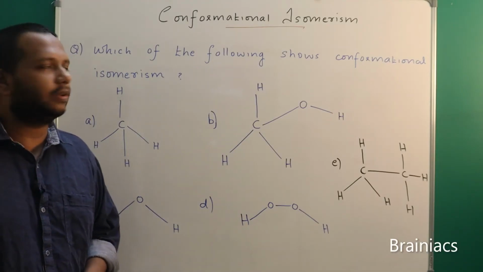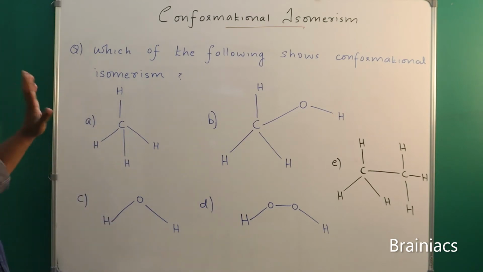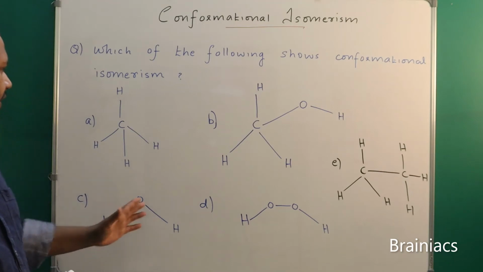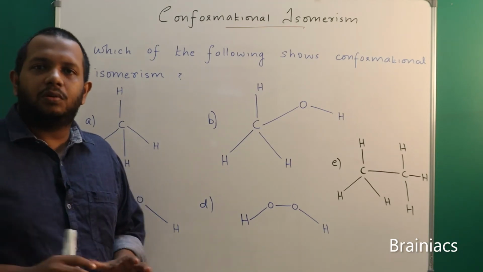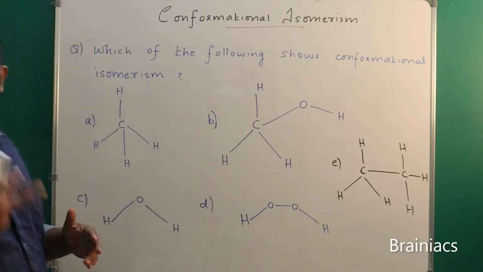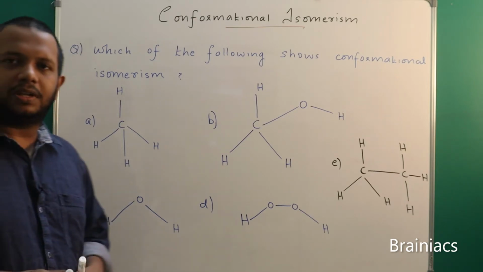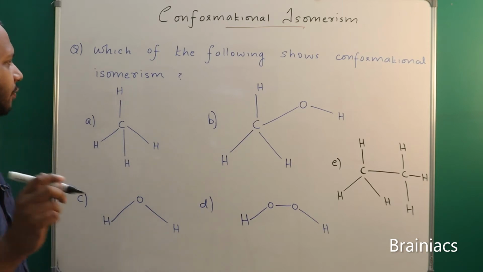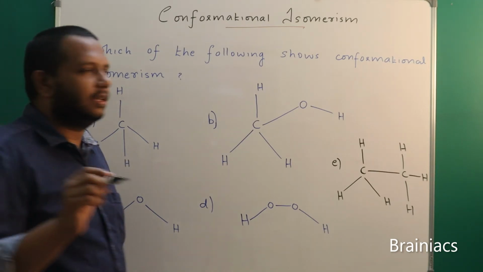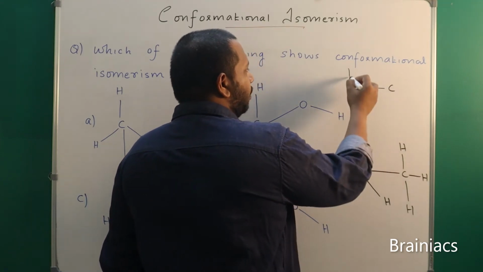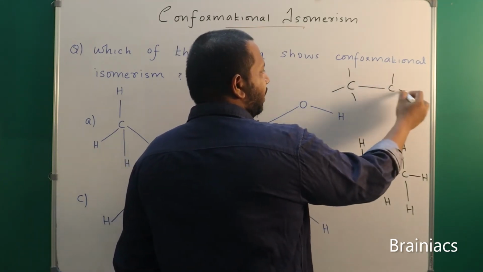I have written a question here. Please go through the question. Which of the following shows conformational isomerism? This is one of the easiest ways. I have given you options A, B, C and D, and they are asking which among the following compounds will show conformational isomerism. How to find that? Let's think logically. In conformational isomerism, there are two atoms with a bond in between and other atoms placed relative to them.